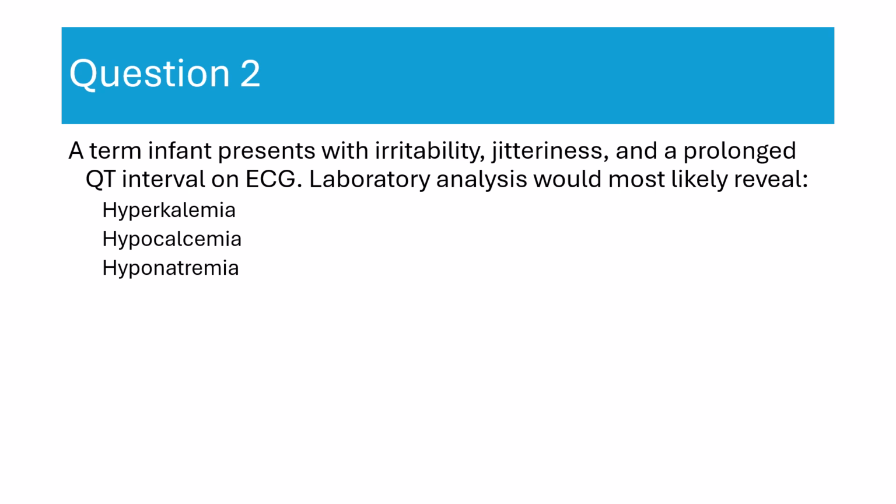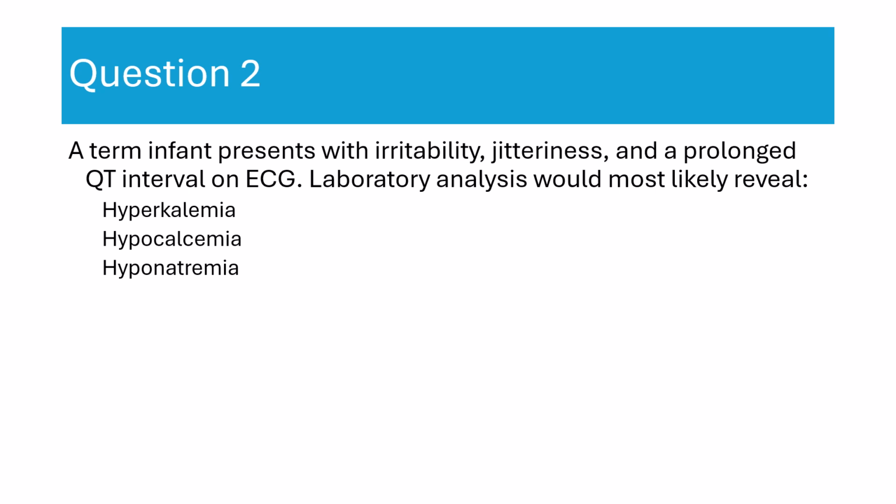This is correct because hypocalcemia classically presents with neuromuscular irritability, jitteriness, seizures, and prolongation of the QT interval on ECG. This is a common electrolyte abnormality in neonates, particularly in infants of diabetic mothers, preterm infants, and those with birth asphyxia.